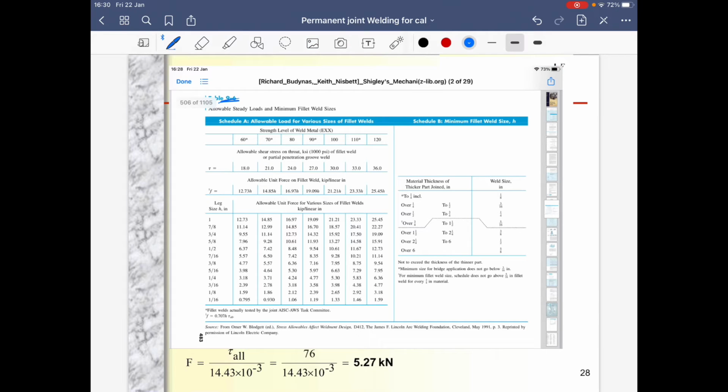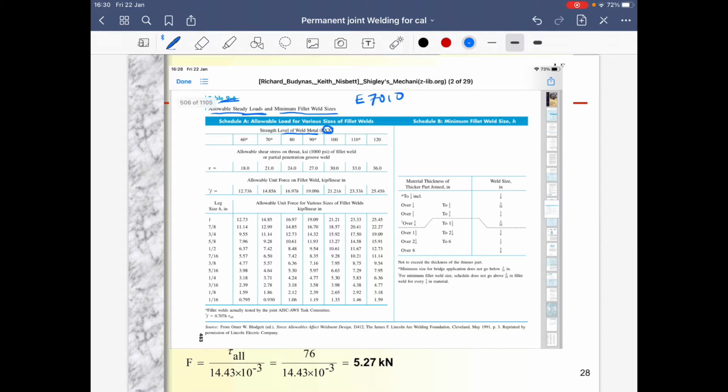Why do we want to see table 9.6? Because we want to see the allowable steady load and minimum fillet weld size. Our electrode is E7010, so we look at the fillet welds of E70, the strength level of weld metal, EXX.